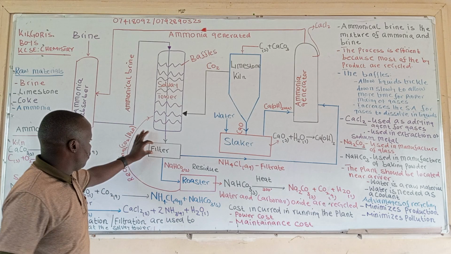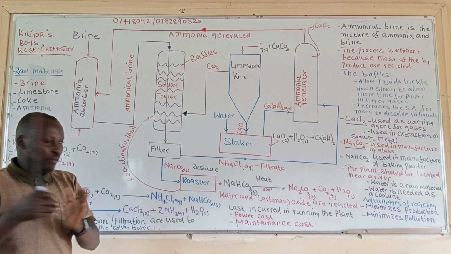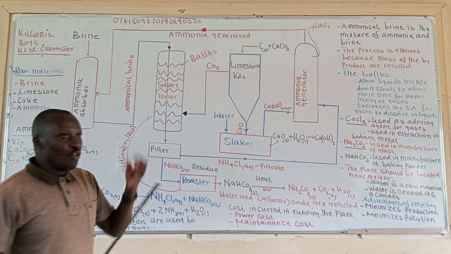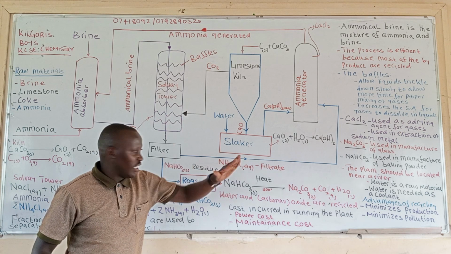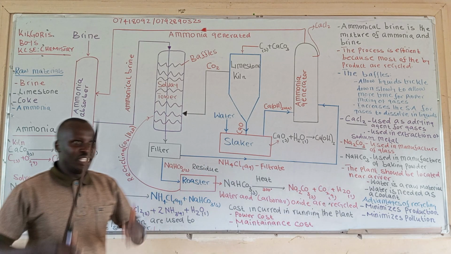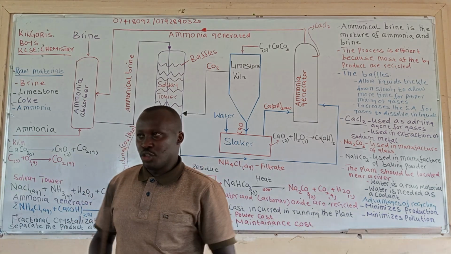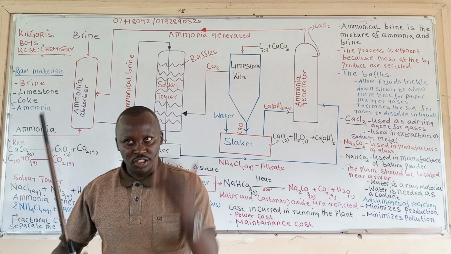One, you can use filtration. If you use filtration to separate the mixture of sodium hydrogen carbonate and ammonium chloride, you obtain ammonium chloride as the filtrate and sodium hydrogen carbonate as the residue. You can also use another method, fractional crystallization.